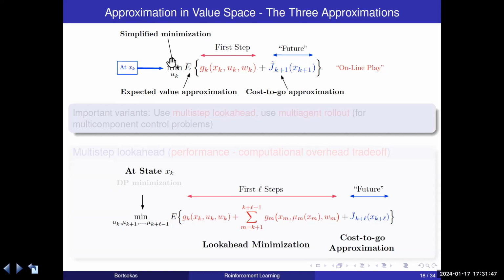There are three approximations: cost approximation, expected value approximation, for stochastic problems, of course, and minimization simplification. And all of this can be combined more or less independently of each other. And the art and the practice of reinforcement learning, to a large extent, has to do with different methods for dealing with all these three approximations.